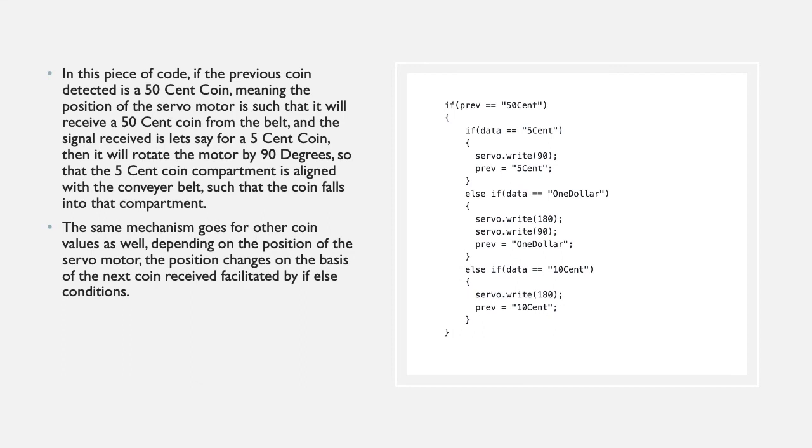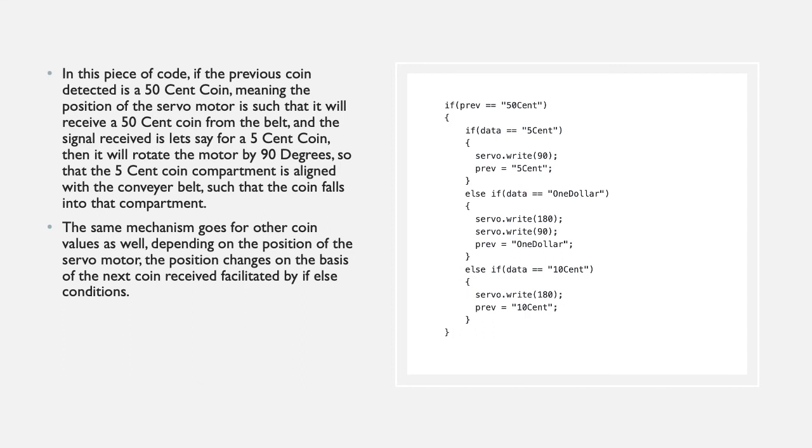This is one of the four different pieces of code. This one focuses on the case where the coin previously detected was 50 cents, meaning the servo motor is in the position that it is receiving a 50-cent coin from the belt.